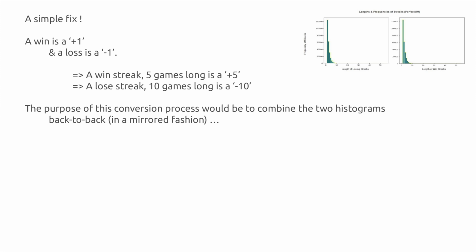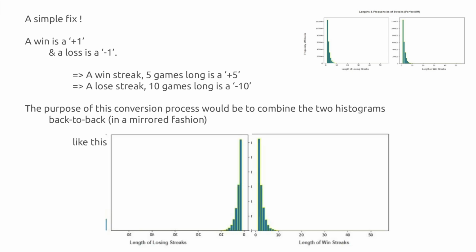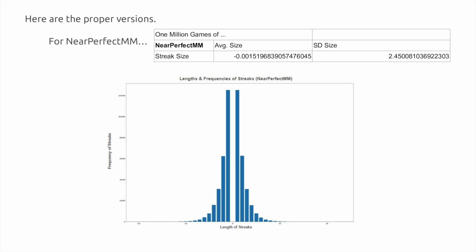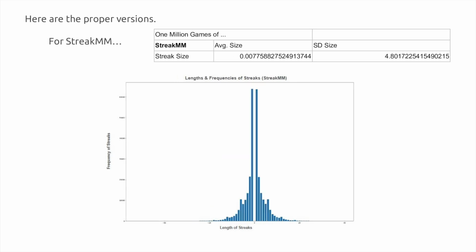The purpose of this conversion process would be to combine the two histograms back to back in a mirrored fashion, just like this. Here are the proper versions for Perfect MM, for Near Perfect MM, and for Streak MM.